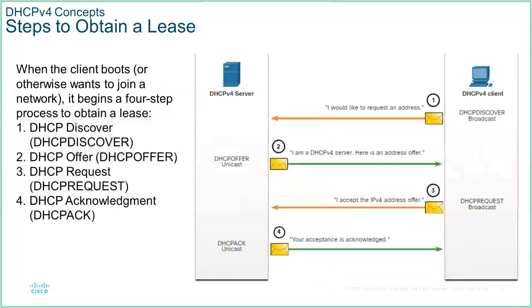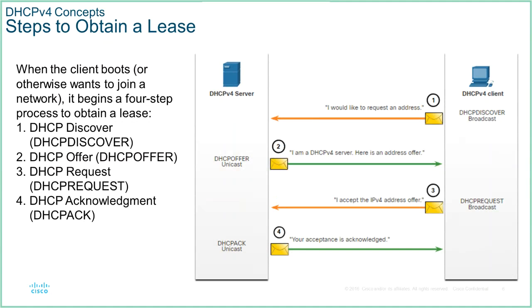Okay, so the steps for the obtaining of an IP address, we'll just quickly go over again. The client comes online and it sends out a DHCP discover broadcast, and any server will pick up that broadcast. They will send a DHCP offer, which is a unicast back to that client with their MAC address.